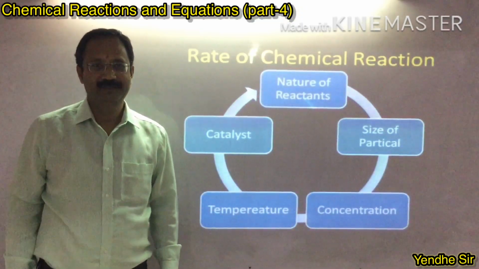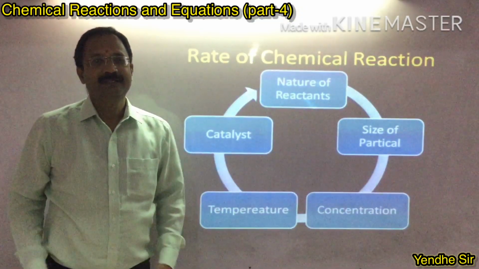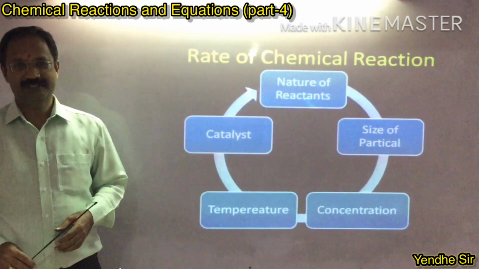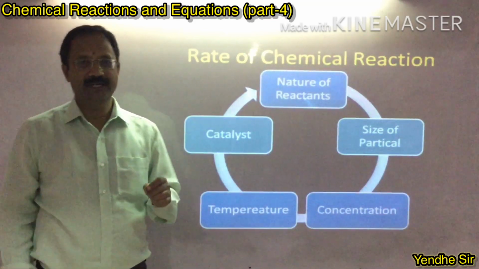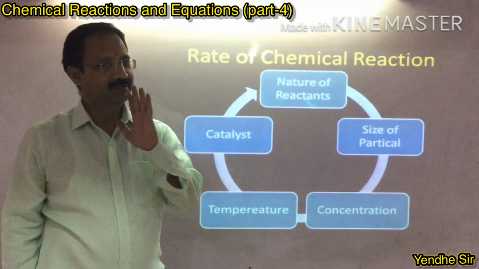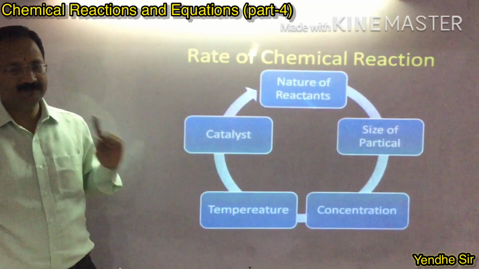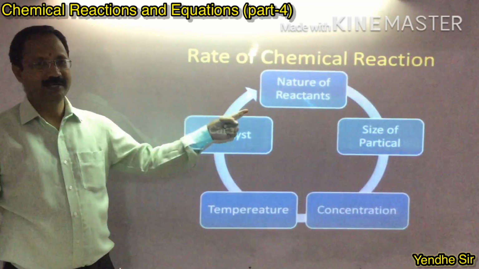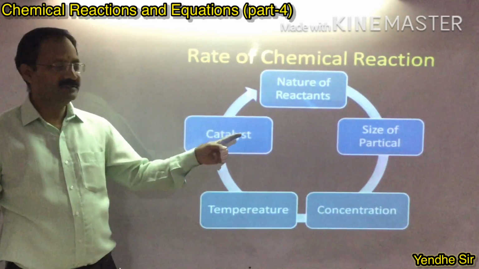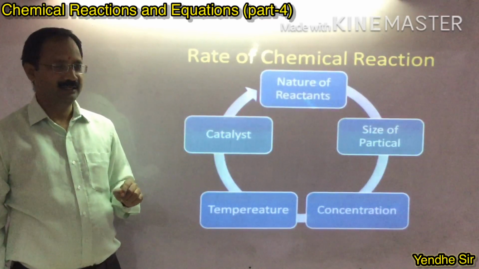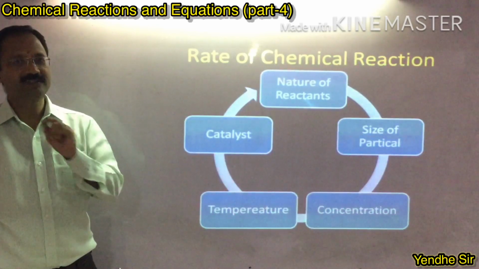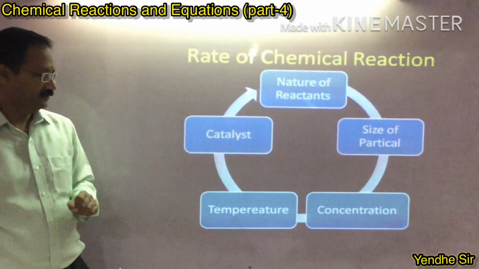Hello students. Now let's see the rate of chemical reaction. The rate of chemical reaction depends upon 5 factors. The first is the nature of the reactant. Second is the size of the particle. Third is the concentration of the mixture.